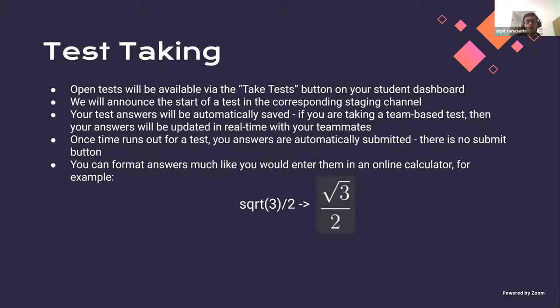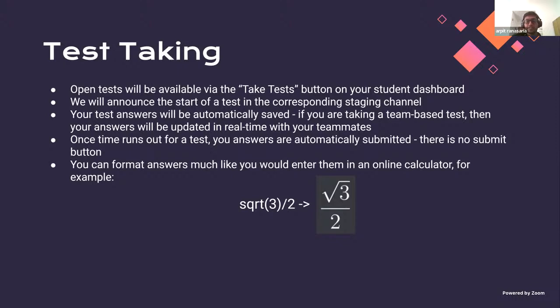Test taking. On Contest Dojo, open tests will be available with the Take Test button on the student dashboard. We'll announce the start of the test in the corresponding stage channel and in the announcements. Your test answers will be automatically saved. If you are taking a team-based test, then your answers will be updated in real time with your teammates.